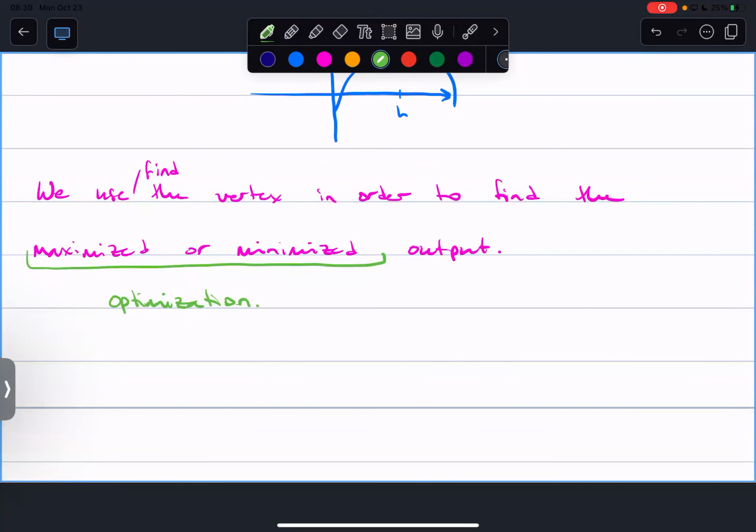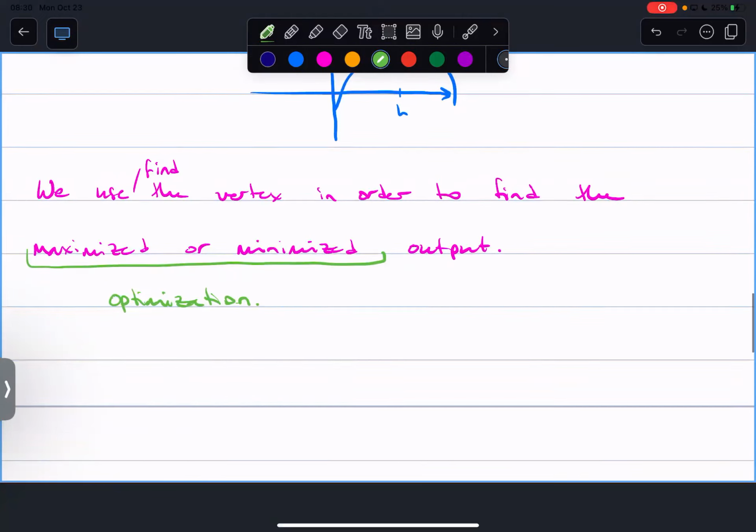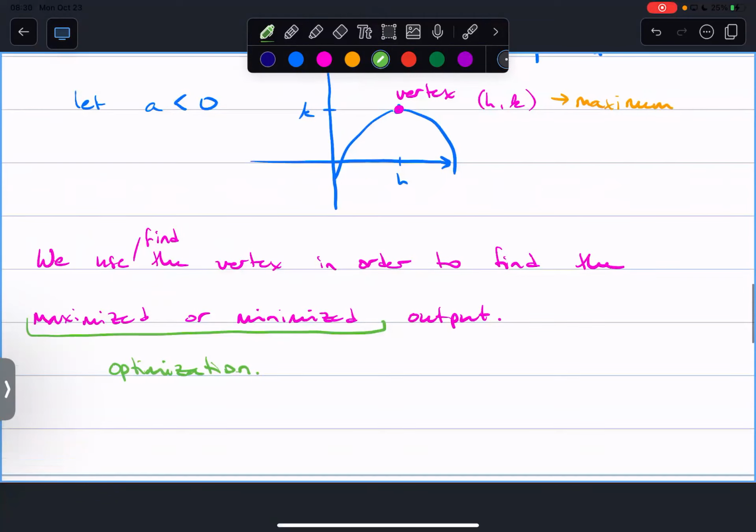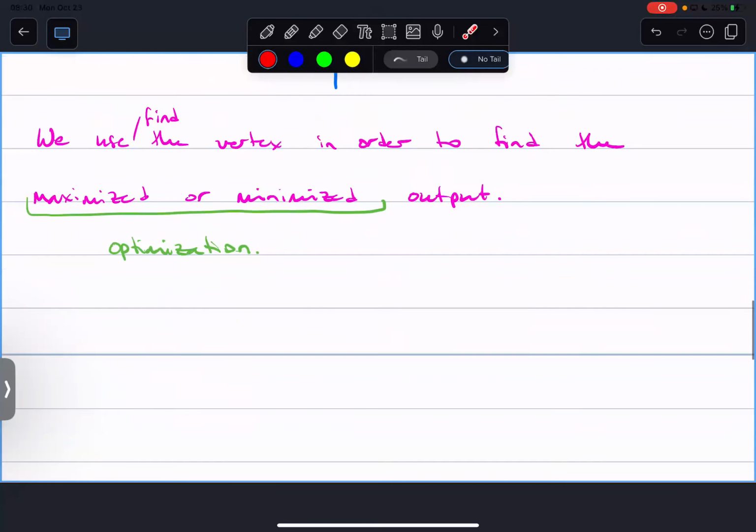UBCO has a really strong optimization department, in case you're interested. Oh, that looks pretty fun, huh? Well, they're going to be working with something other than quadratics, I'll tell you that much, but the idea stays the same. So, pretty fun.